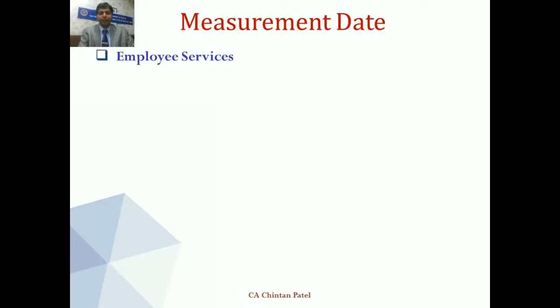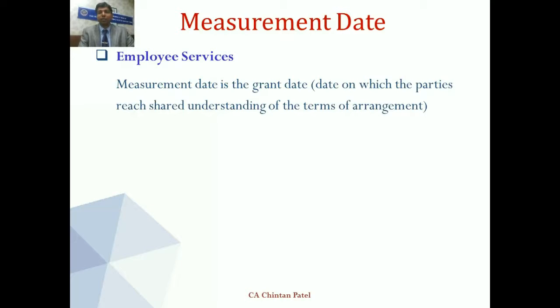Now, measurement date. Measurement date is the grant date. Grant date is the date on which the parties reach a shared understanding of the terms of the arrangement. So if it is an equity settled share-based payment, you measure the fair value of the equity instrument as on grant date, and based on that you amortize your compensation cost over the vesting period.